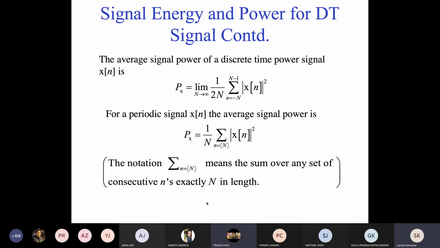And for a periodic signal, the average signal power is given by 1 by N, summation over n in bracket N of mod x[n] square, where summation over n in bracket N means the sum over any set of consecutive n's, exactly N. Clear? Yes, sir. Okay.